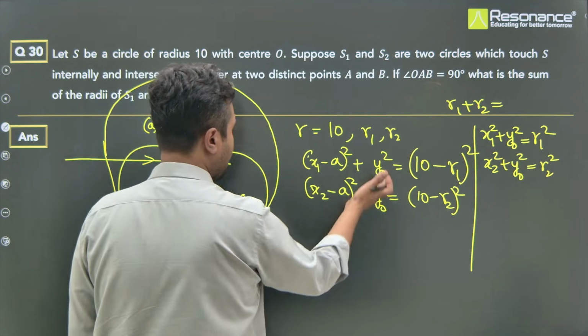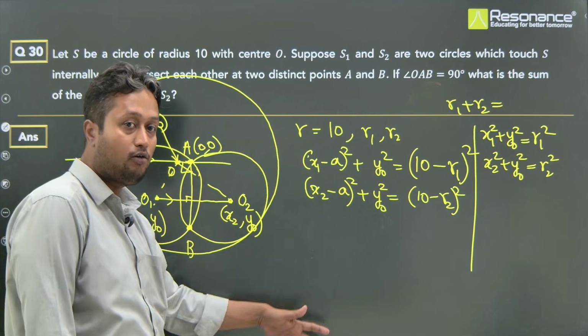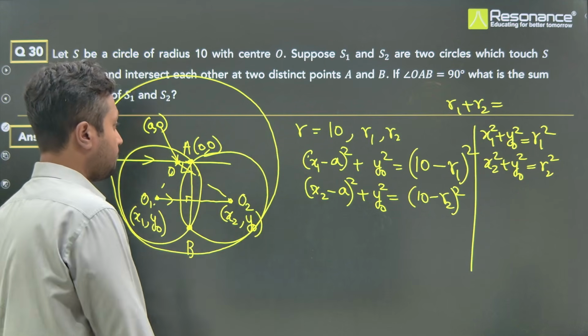Okay, these are standard tricks. You can just add these two equations, then subtract them out, and then it will work out.